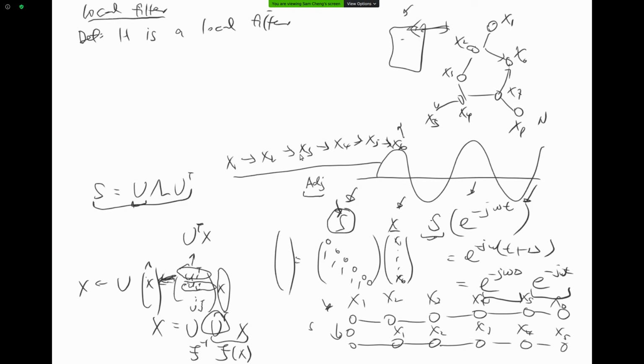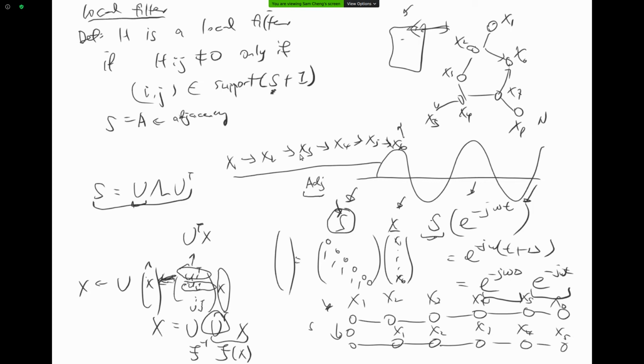H is a local filter if H_ij is non-zero only if (i, j) is in the support of S plus I. Here S is the shift operation, and we assume S is the adjacency matrix.